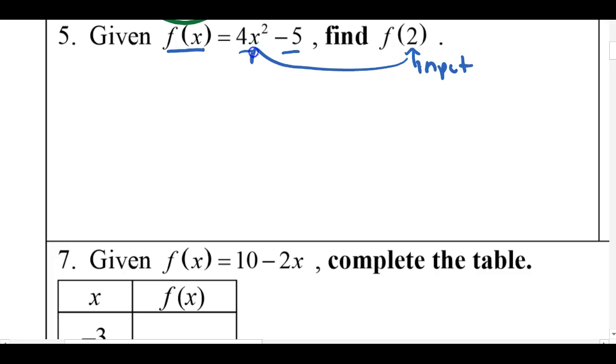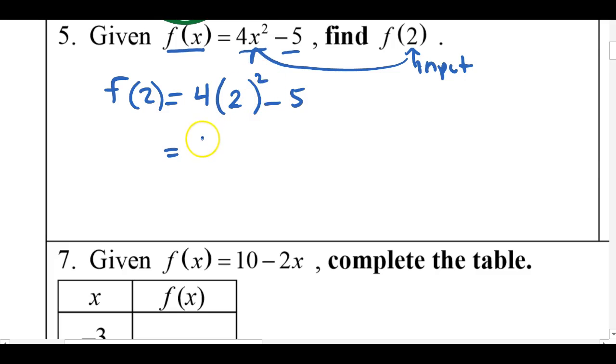We're going to plug that into right there wherever you see x. Okay, so do f of 2 equals 4 times, remember wherever you plug in x, we always write parentheses, 2 squared minus 5.